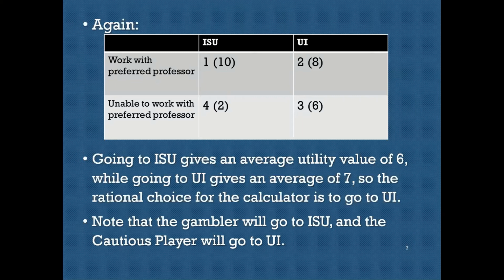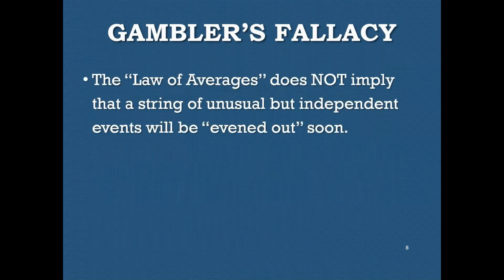Now, before we wrap this up, I want to talk about a fallacy associated with decisions, and that is the gambler's fallacy. This is a situation where, say, you have a law of averages, and it does not imply that a string of unusual but independent events are going to be evened out soon.